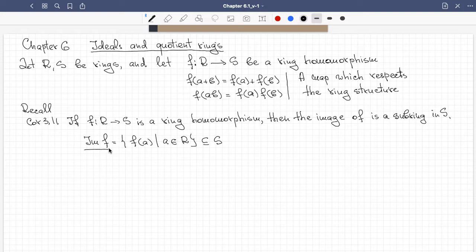Besides the image, there is another equally interesting subject to study, which is the kernel.